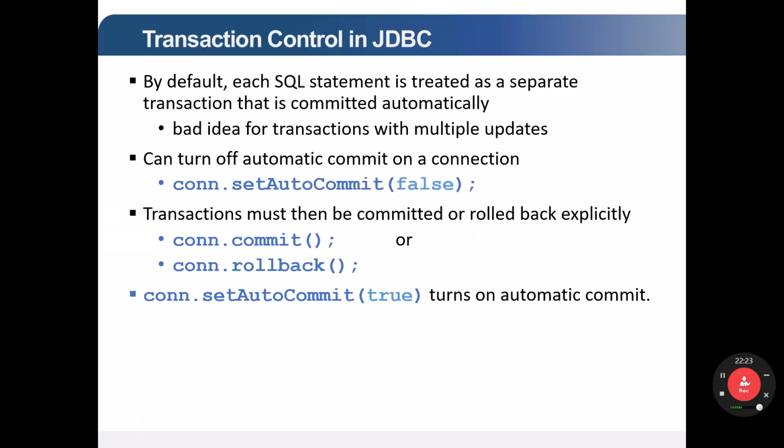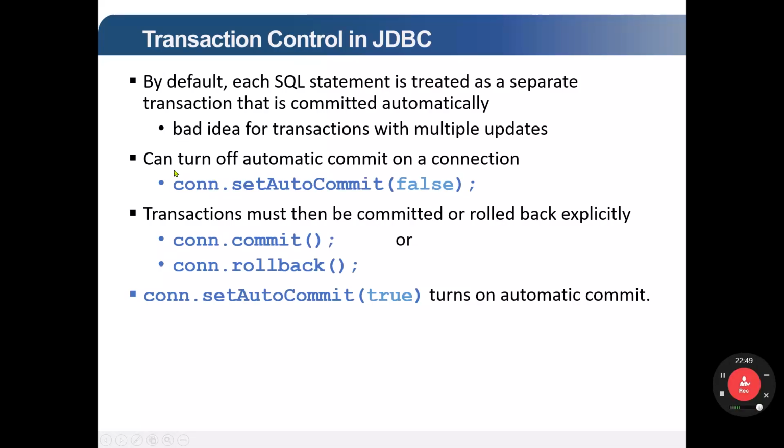Once it is executed, it is done. But sometimes you may want to run multiple SQL statements and then treat them as an atomic operation. In that case, using the database connection object, you need to call the setAutoCommit method with false as a parameter. Then the transaction will begin.